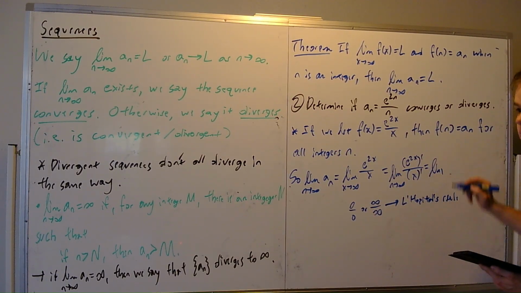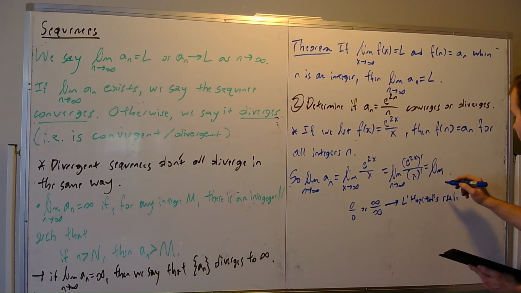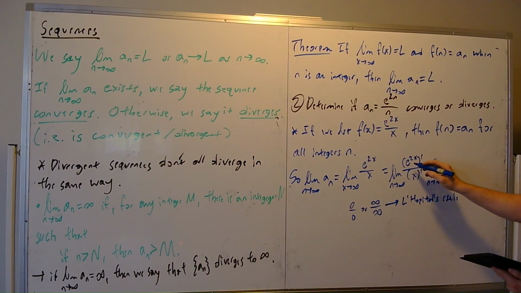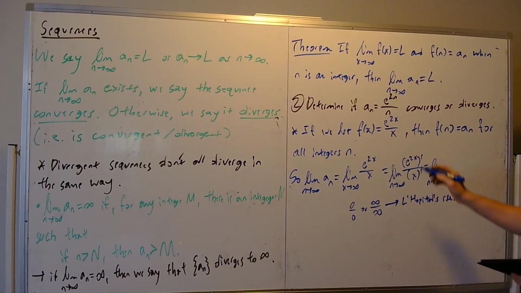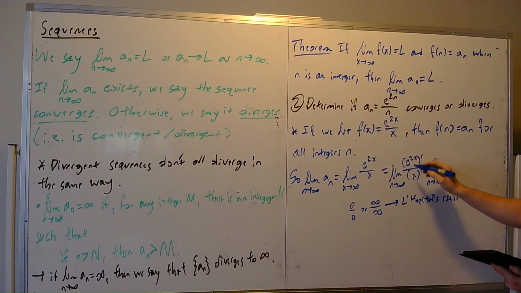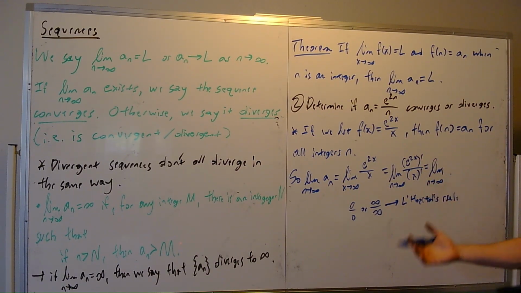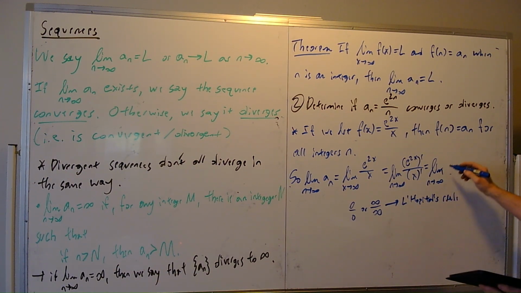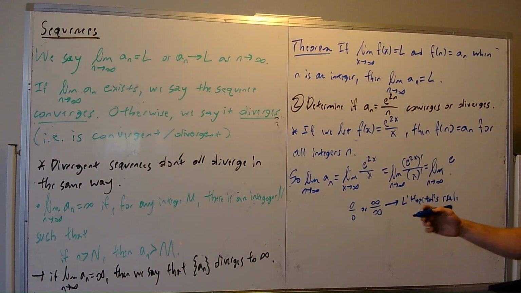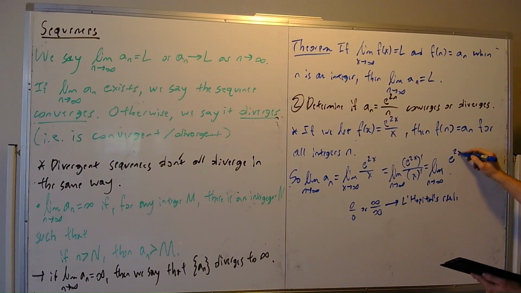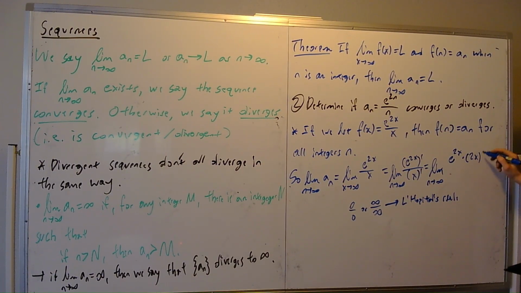The derivative of e to the 2x, we've got to use the chain rule. The derivative of the outside function e to the x is e to the x. So we take the derivative, we plug back in the inside function, and now we multiply by the derivative of our inside function. And in the denominator here, the derivative of x is just 1.